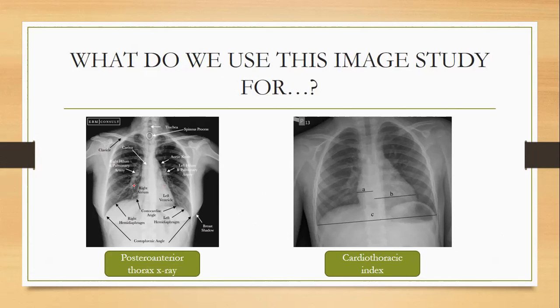In Spanish would be derrame pleural, right? As you know, all liquids go down and all the gases go up, right? So when we have a pleural effusion, it tends to go down because it's a liquid, and occupies this costophrenic angle.